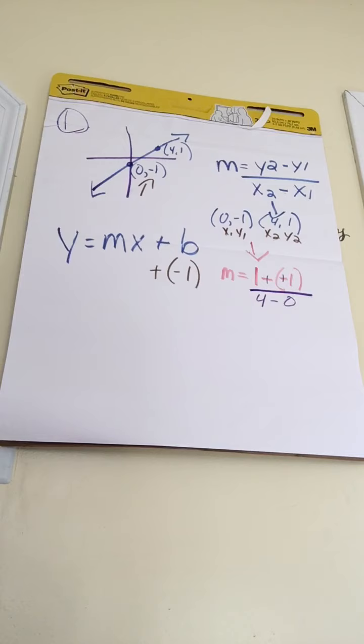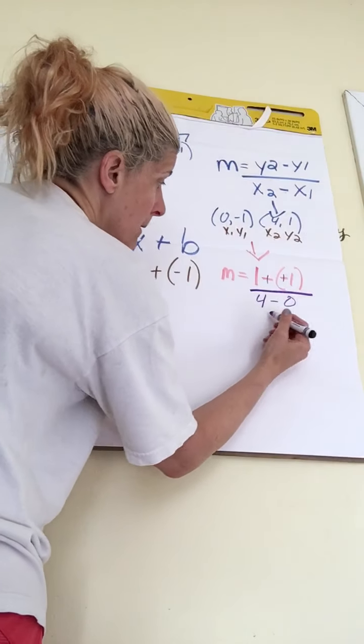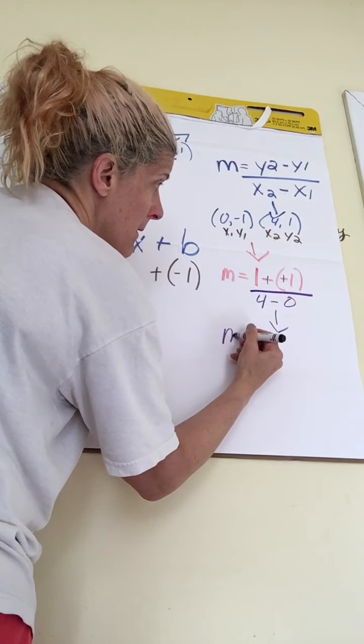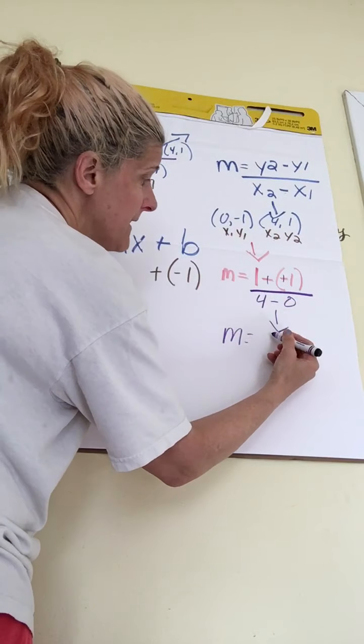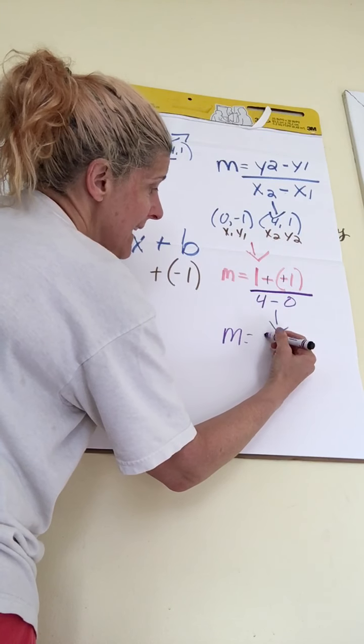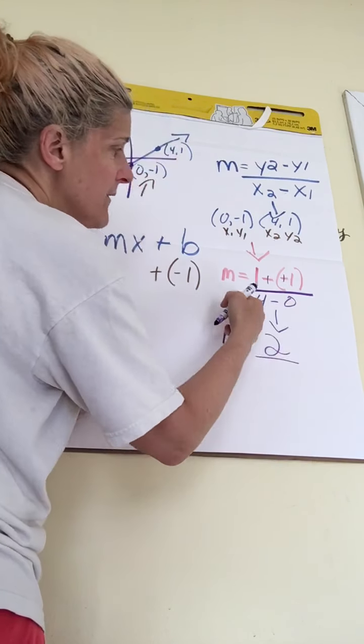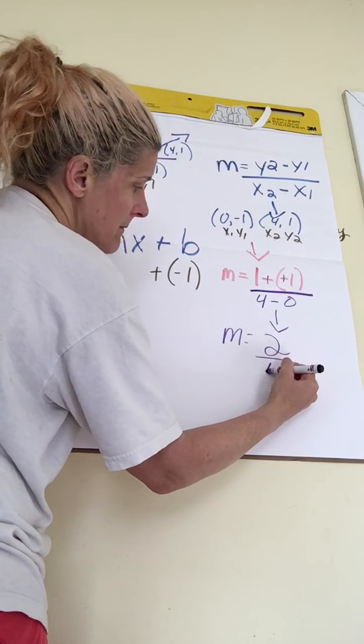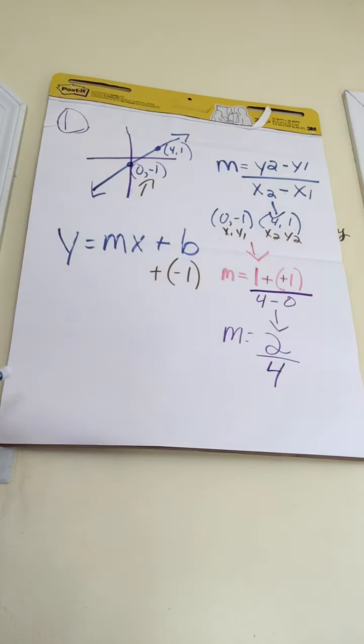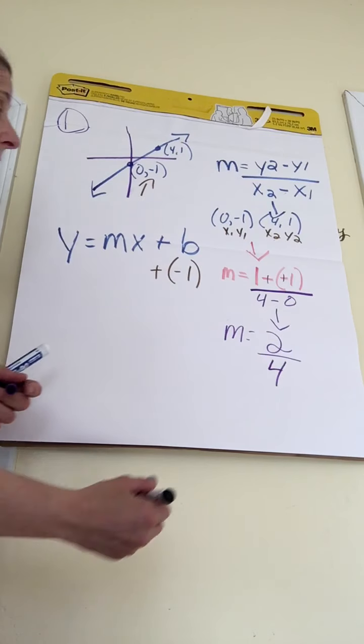Then I do my math. What is 1 plus 1? You got it. It's 2. What is 4 minus 0? 4. So my slope is 2 over 4. Can I reduce that? Yes, I can. 2/4 is equal to 1/2.